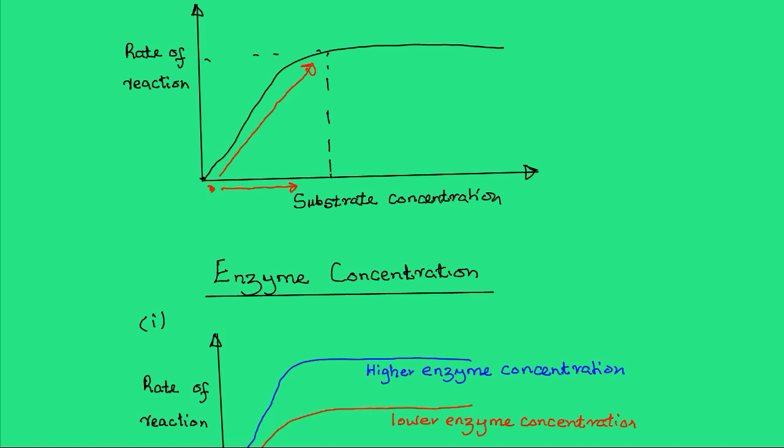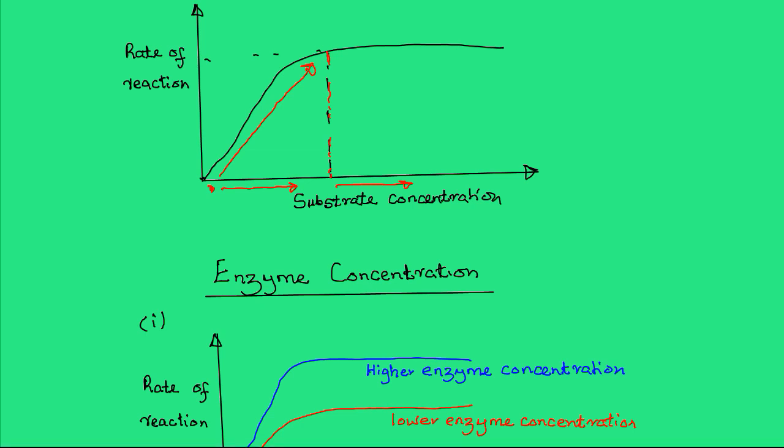But this will only go on up to a certain point. At a certain concentration of substrate, the rate of reaction will reach maximum, and even if we continue increasing beyond that maximum point, the rate remains constant.